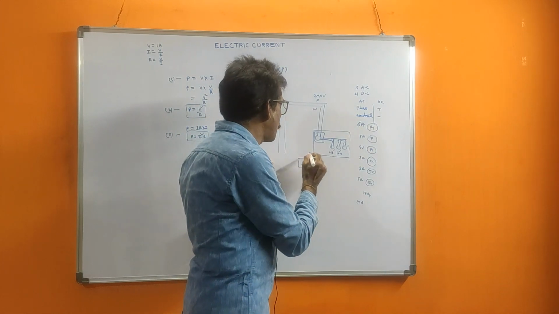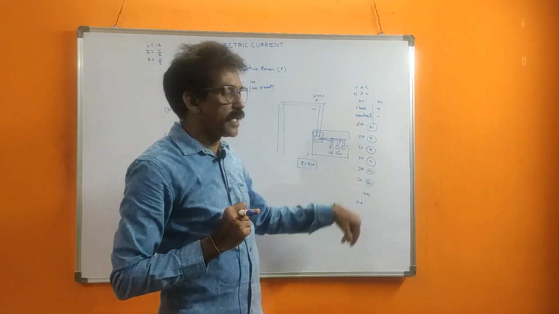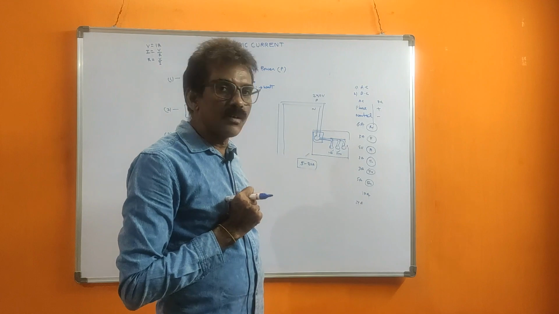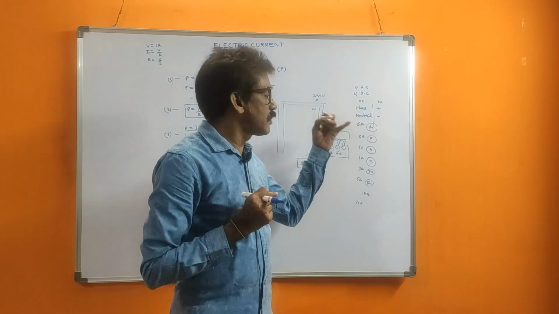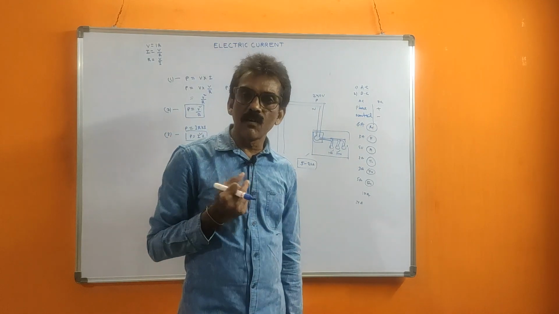Here the normal amperage rating is 20 amperes. If you are using more than 20 amperes by adding appliances, then the excess current will damage the appliances. That is called overloading. That means we are adding some load over.